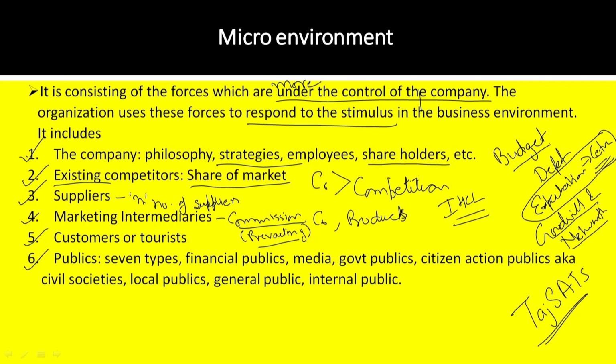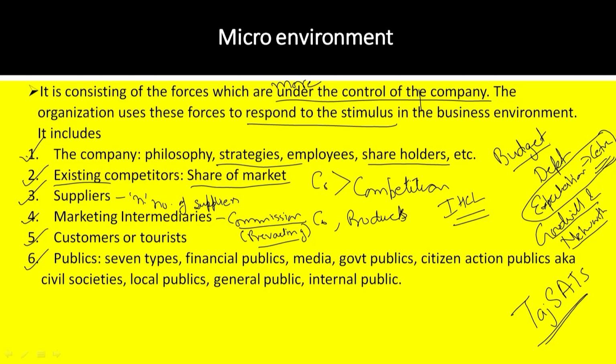First is financial publics. Financial publics include all those institutions which provide some kind of monetary guidelines or regulations, financial aid, or taxation system to the company. So banking, non-banking financial companies, RBI, Finance Ministry, all these come under financial publics.